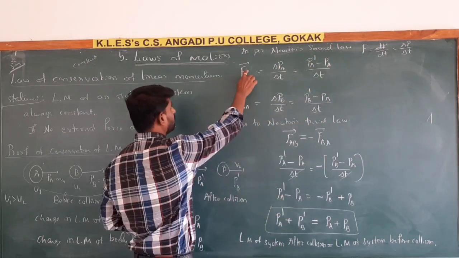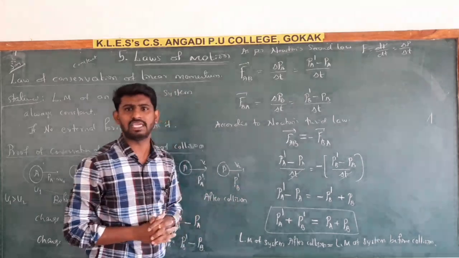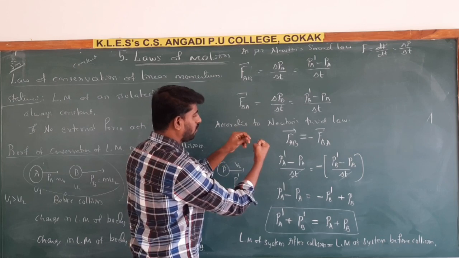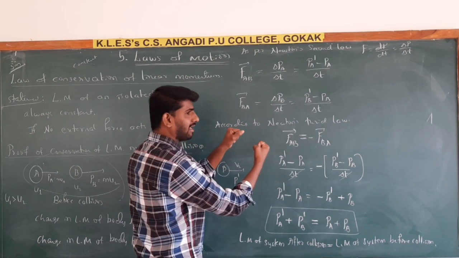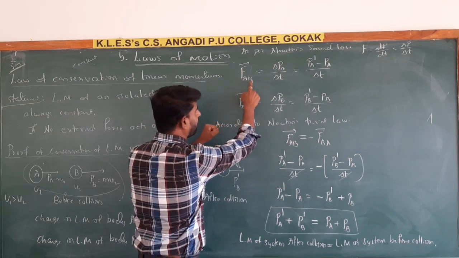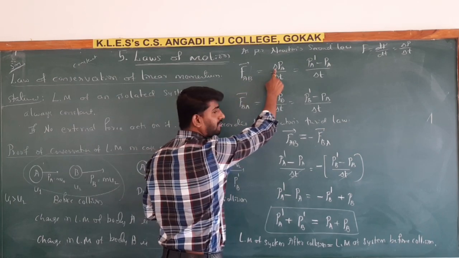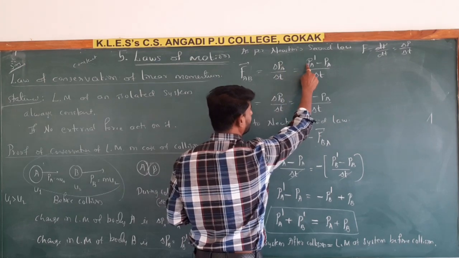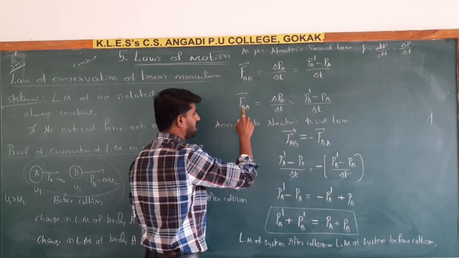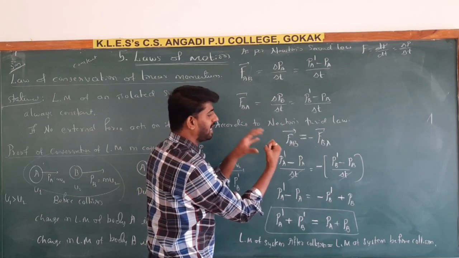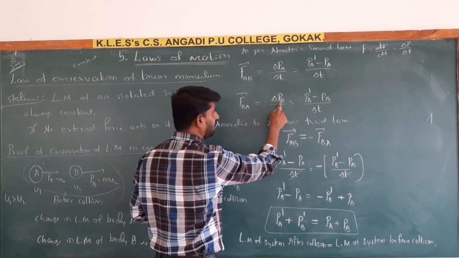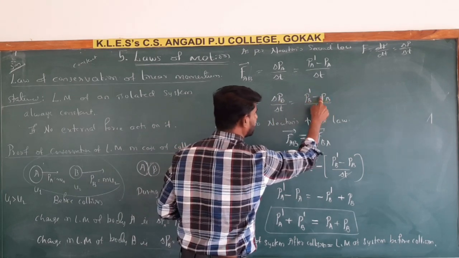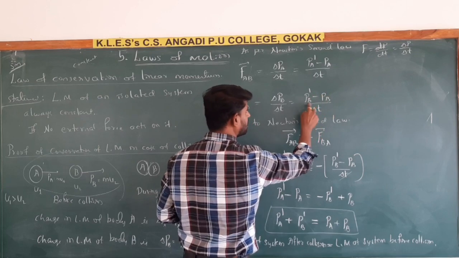So we write the force equation for body A. Body A comes and hits B. During the collision, the force on body A by B is equal to the change in linear momentum of A divided by the time interval, that is PA dash after collision minus PA before collision, divided by delta T. In the same way, the force experienced by B is delta PB by delta T, where delta PB is the final linear momentum of B minus its initial linear momentum, divided by delta T.